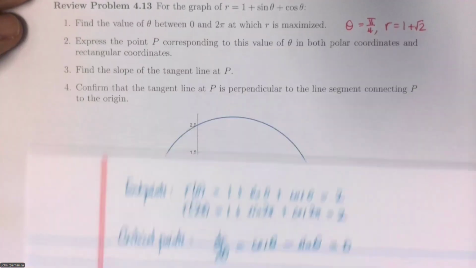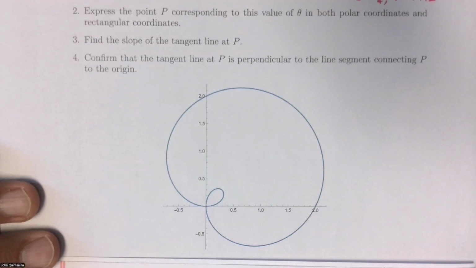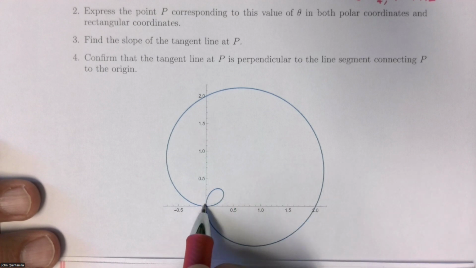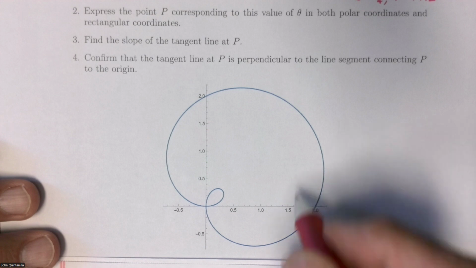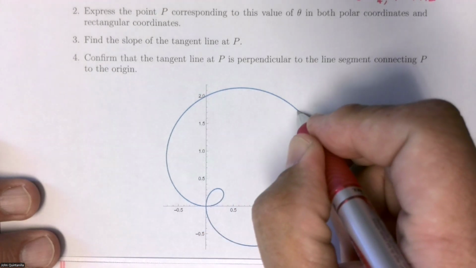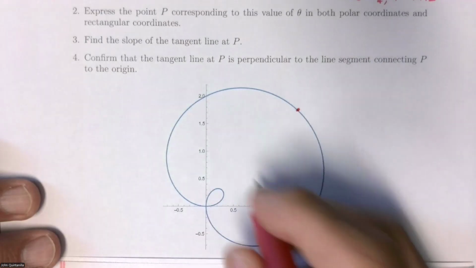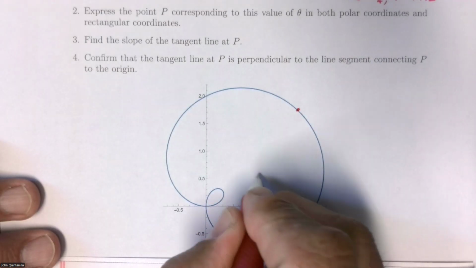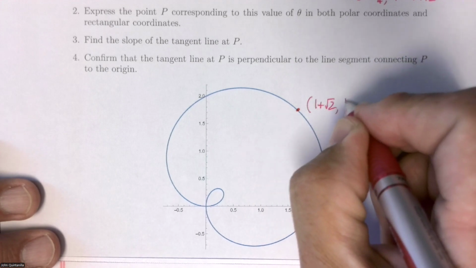Okay, and just for the sake of looking at it, here's the graph of the function. Here we see the 2. So at angle 0, we're 2 away from the origin. Here at pi over 4, in polar coordinates, this would be 1 plus square root of 2, pi over 4.